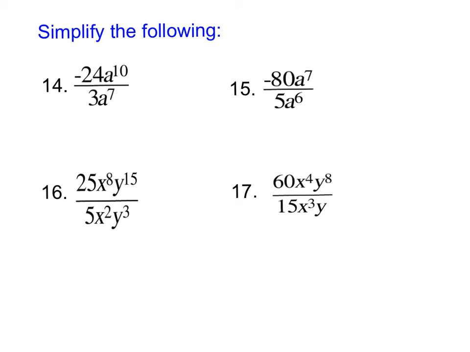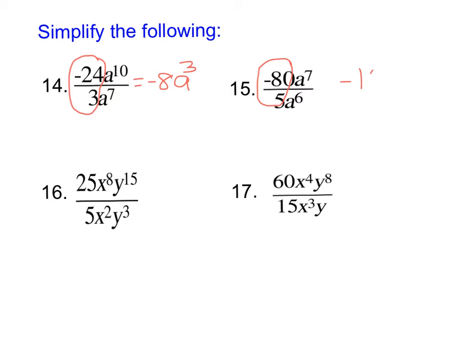All right, I want you to pause the video and see if you can do these. All right, so remember we're not subtracting these. That's a fraction. 24 divided by 3 is -8. a, 10 minus 7 is 3. 15. Divide your coefficients.